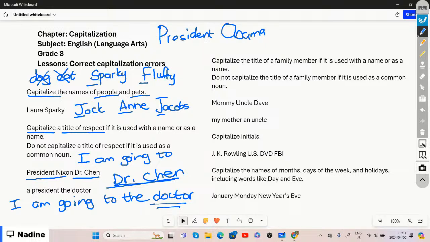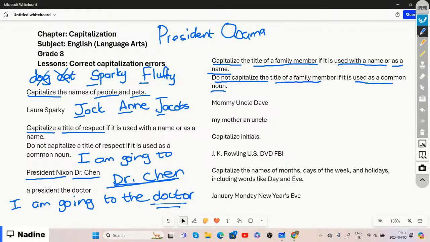And you do not capitalize titles of family members if they are used as a common noun. For example, Mommy or Uncle Dave.